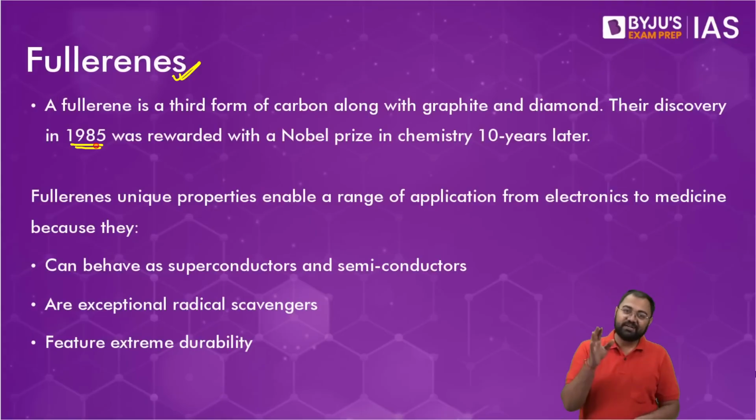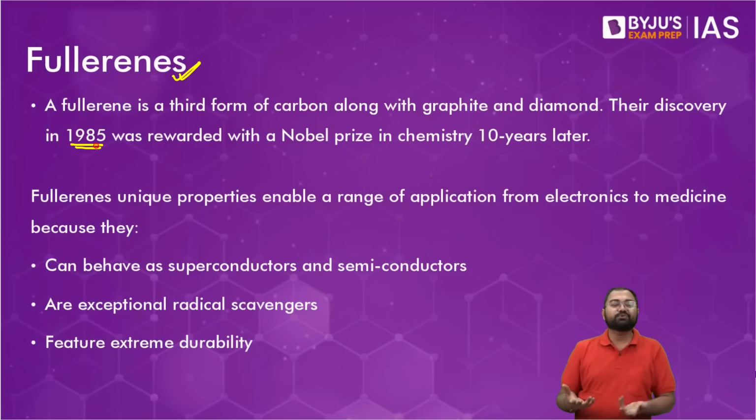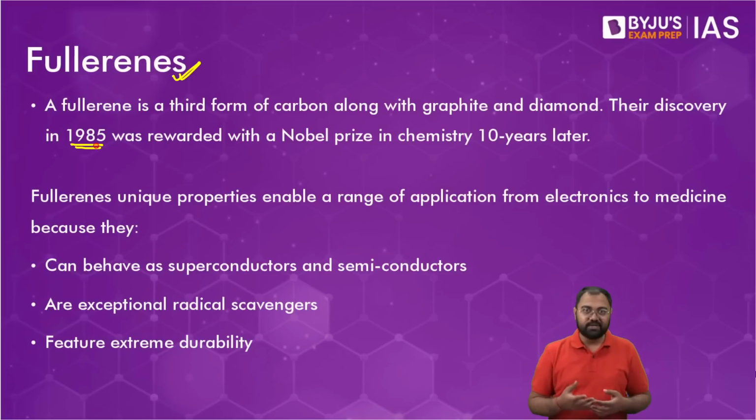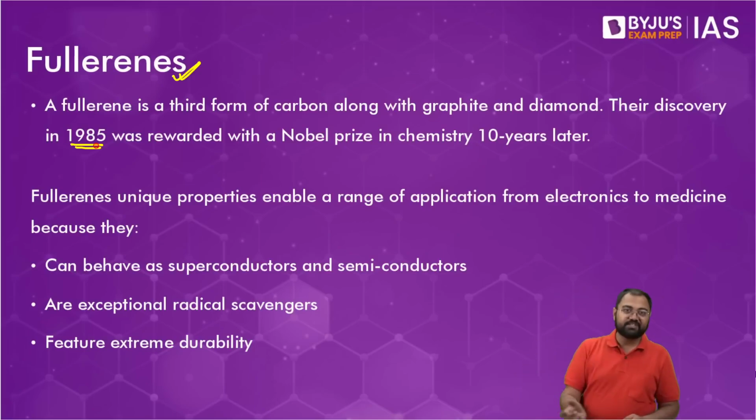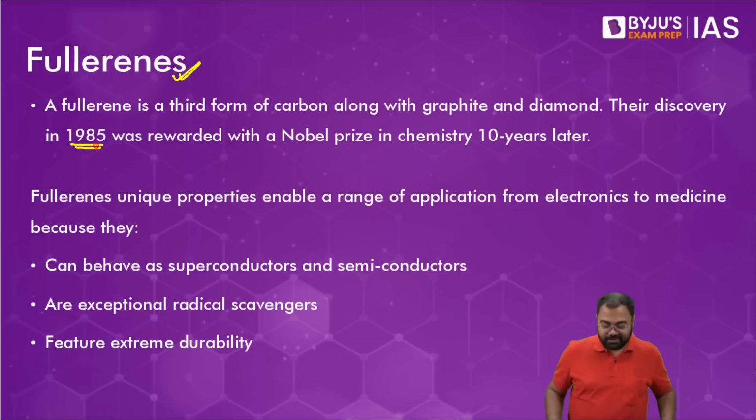So you'll see that every second, third year, at least one Nobel Prize goes to nanotechnology, because it's such a new science that there are so many things to discover, and there are a lot of discoveries and new inventions that keep on happening, and people keep getting all these Nobel Prizes. It sounds easier than it actually is, but this is basically the case right now with nanotechnology.